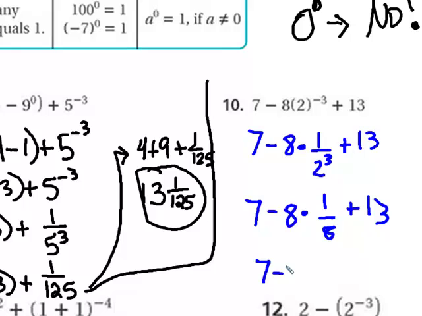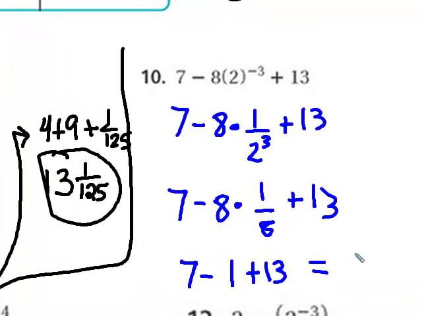So 7 minus, well, 8 times 1 is 8, over 8 gives me 1. And then plus 13. Now I just add and subtract from left to right. So 7 minus 1 is 6, plus 13 is 19.